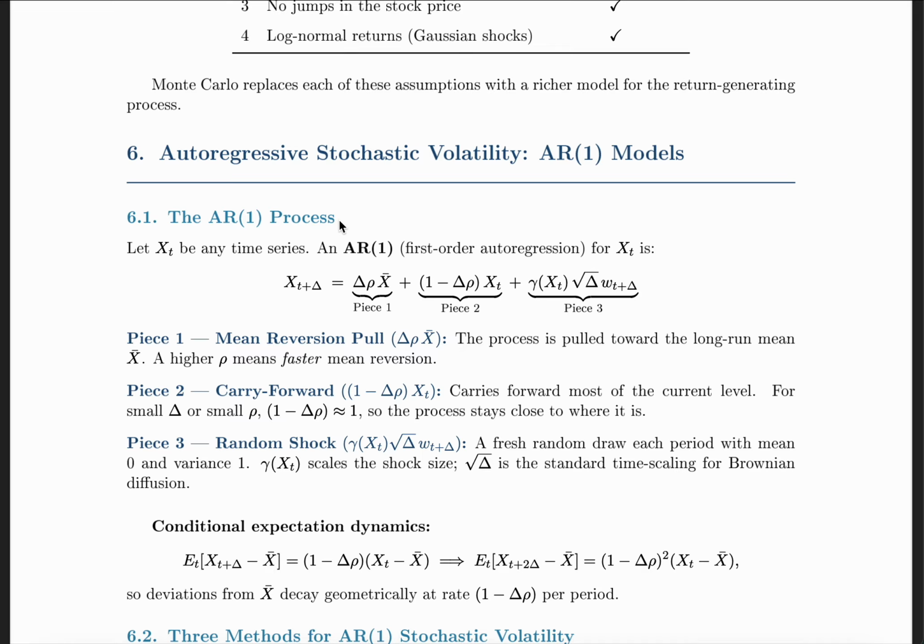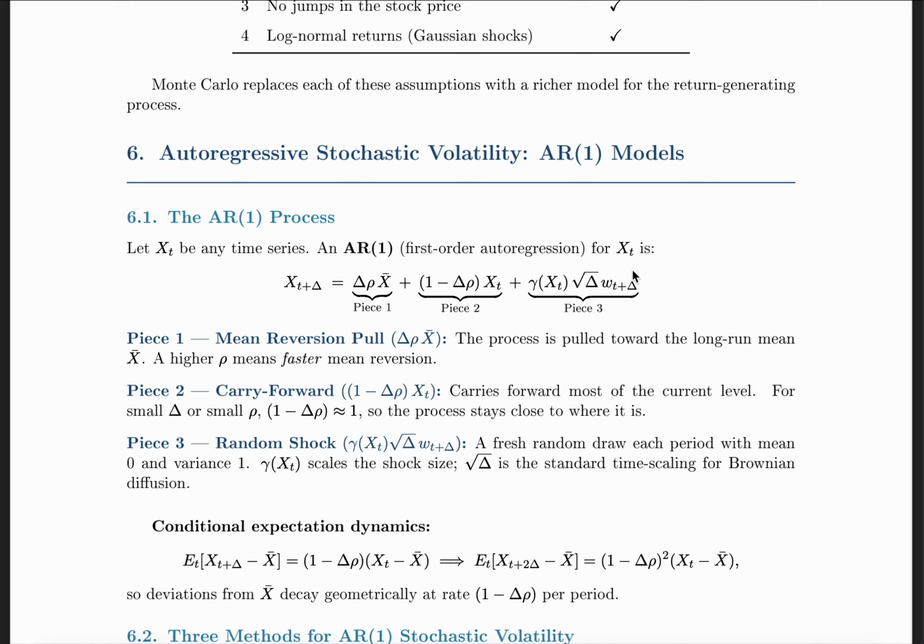Now, if you think about this, it does make sense that volatility would be mean reverting. If you think about how much a stock moves on average, usually it's hovering around a certain level. And then during a major earnings report, it'll deviate from that level significantly, but then it'll go back to where it used to be. So the AR1 process seeks to capture this.